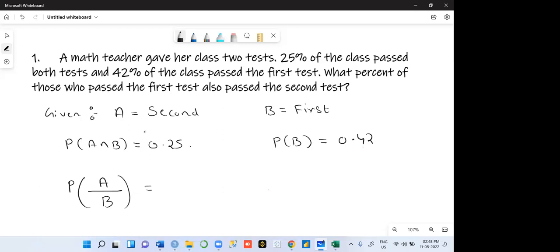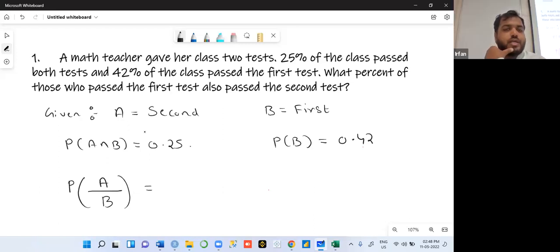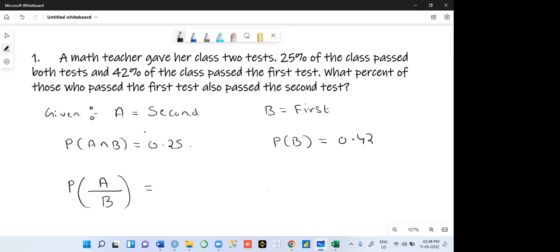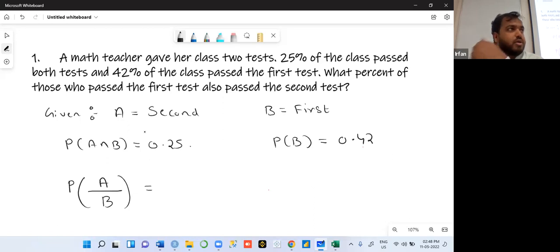P of A intersection B by P of B. Also pass the second, proper, no? First you will pass the first test, then you will pass the second. It's proper.